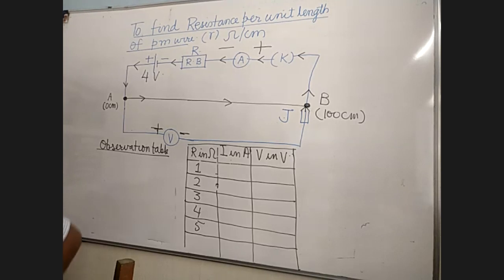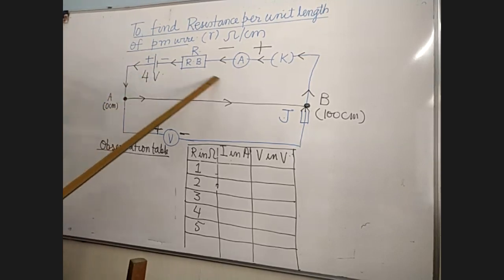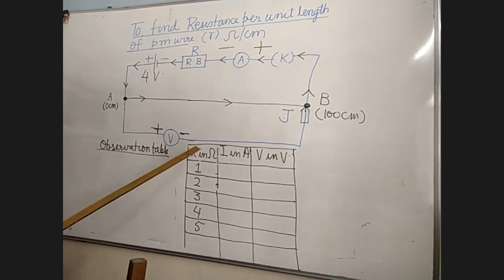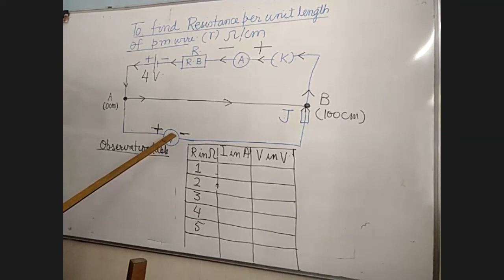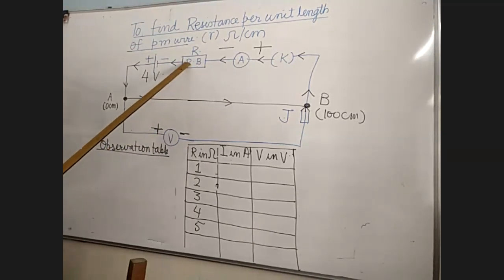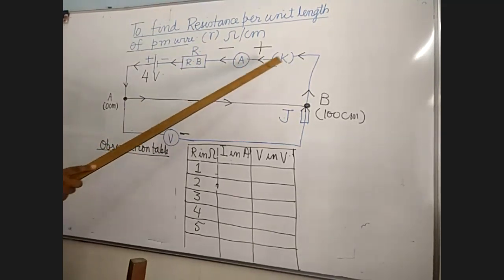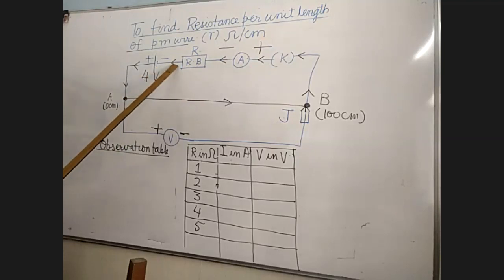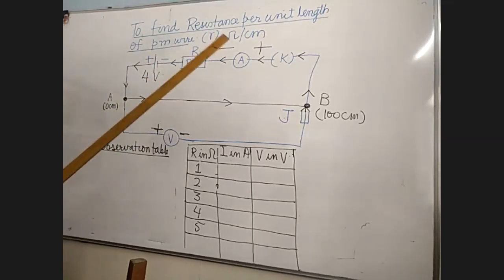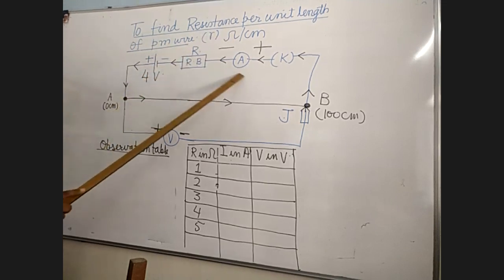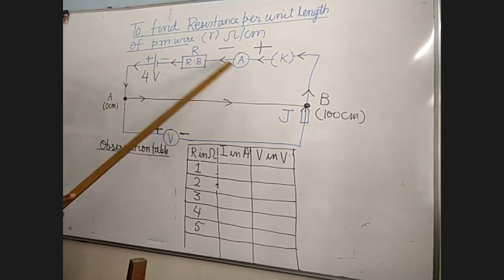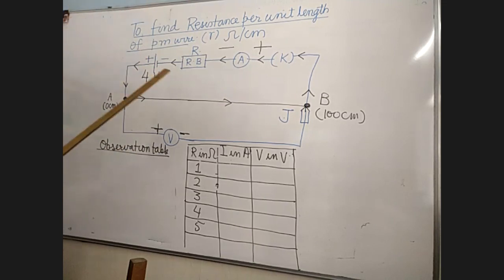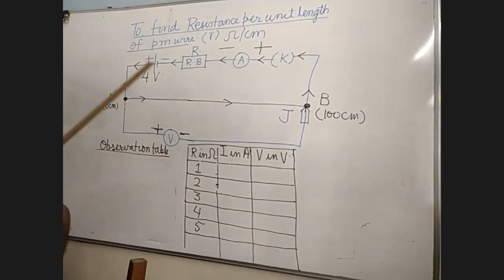Yes, here you can see that these things are connected in series. हम यहाँ ऑर्डर चेंज कर सकते हैं. We can connect the ammeter first, the resistance box later, and the key we can connect right at the beginning. That you can do, but in different questions you will get different positions, because all are connected in series, therefore you can connect at any point.